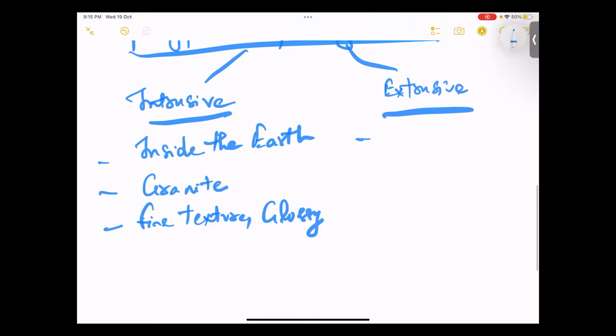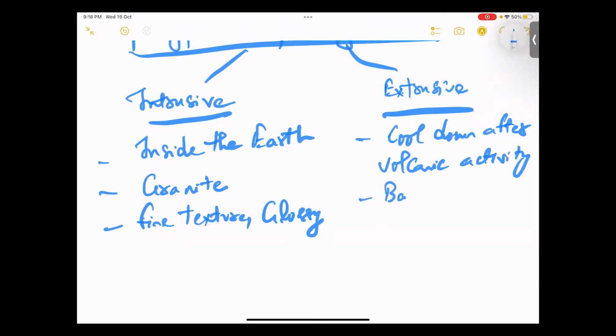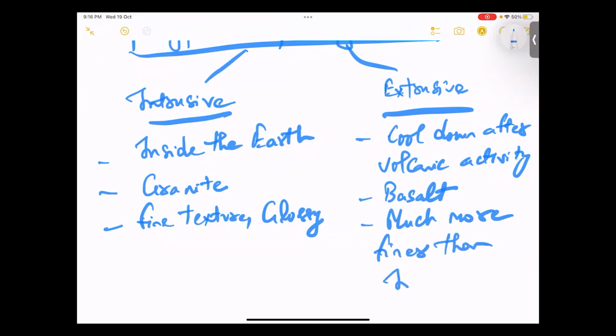Basically, they are the ones which cool down after volcanic activity. The famous example is basalt. They are much finer than intrusive rocks.